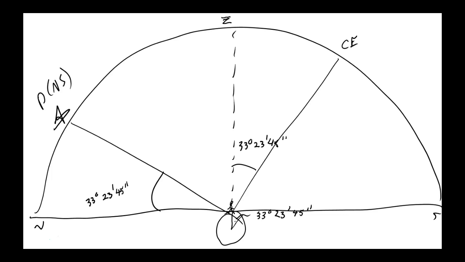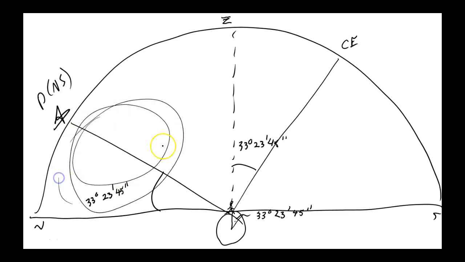So the stars that would never set would be those that are close to the North Star, traveling anywhere in that range. Now, if this is 33, 23, 45 above the northern horizon, that means they go back 33, 23, 45 on that side of the North Star.